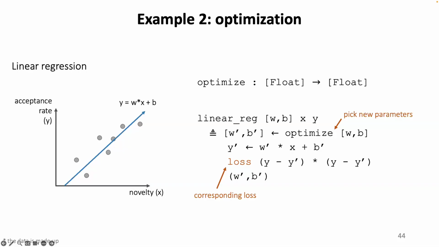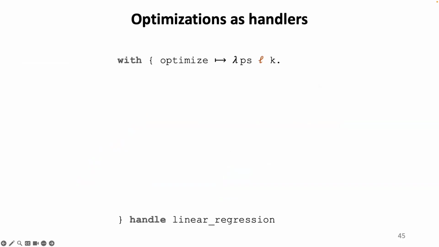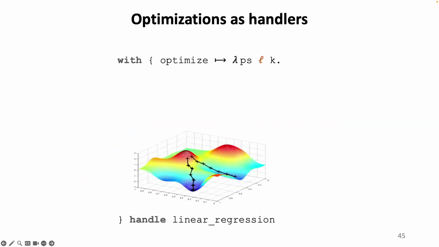And now a more interesting question is how this optimize operation should be handled. So we would like to apply optimization algorithms simply by defining handlers for optimize. In this particular case, we would apply stochastic gradient descent, which is a widely used method for iterative optimization.